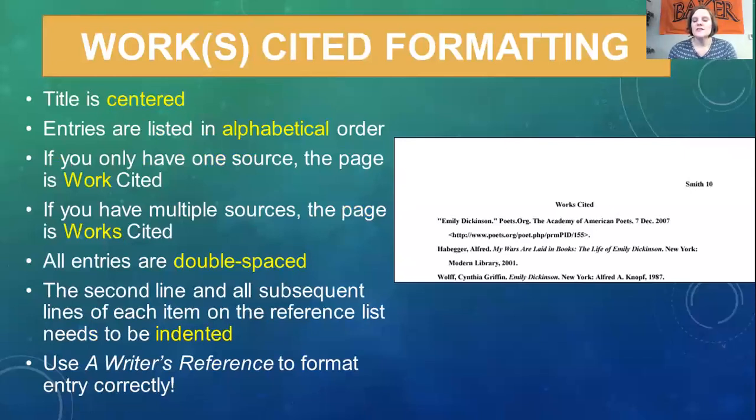If you have one source, the page is called Work Cited, no S. If you have multiple sources, then it would be Works Cited, with an S. All entries are double spaced, just like the rest of your paper. If you notice on the example, the second line of all the entries is indented one tab. That's a little bit different, and the works cited entries go alphabetically.